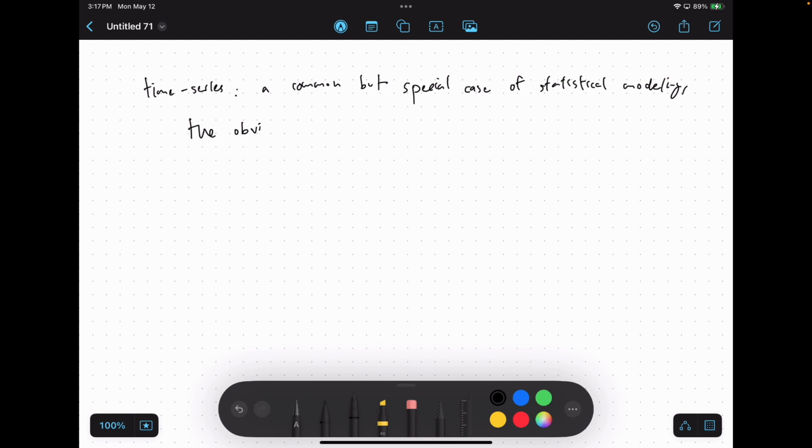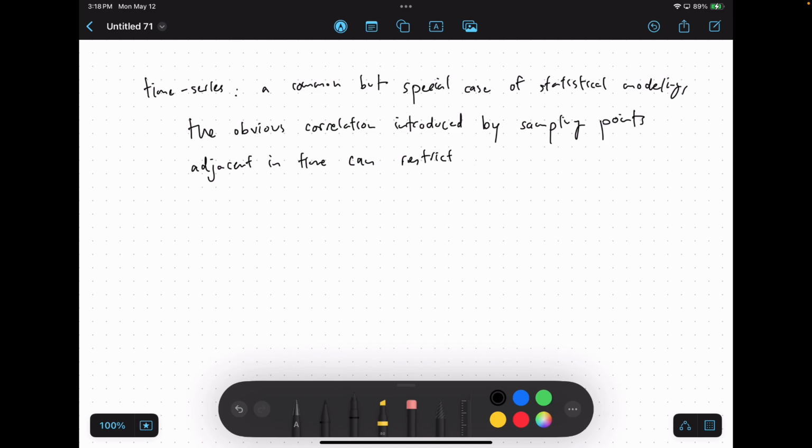The obvious correlation introduced by sampling points adjacent in time can restrict the applicability of many conventional statistical methods.